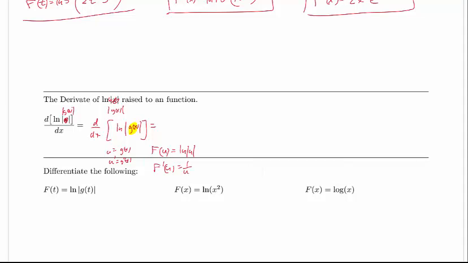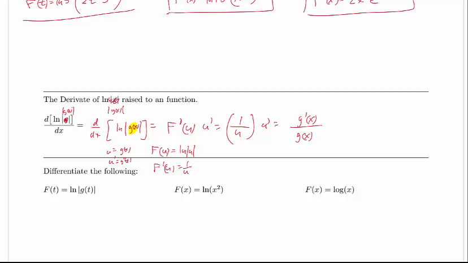All right, so let's go ahead and rewrite this in those terms. This is going to be f prime of u times u prime, and so we have 1 over u times u prime, and so this becomes the derivative over the original function.